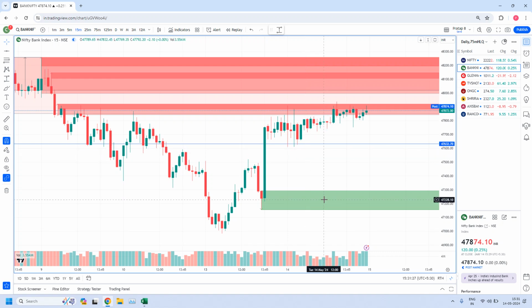Probably it is 1:15 RR and more than 10% ROI. Reaching here is more than 10%, and getting more than 10% ROI in indices, Nifty and Bank Nifty, is a huge target. It's not easy. Most of the time, Nifty and Bank Nifty during intraday giving a 2 or 3% target is a big target.